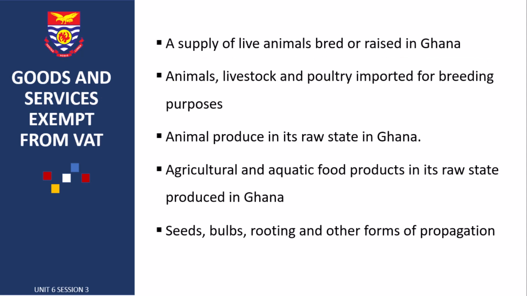Let us look at some examples of goods and services exempt from VAT. So we have a supply of live animals bred or raised in Ghana. We also have animals, livestock and poultry imported for breeding purposes. So we have, for example, cattle, sheep, goats, swine, poultry, etc. Then we have animal produce in its raw state in Ghana.